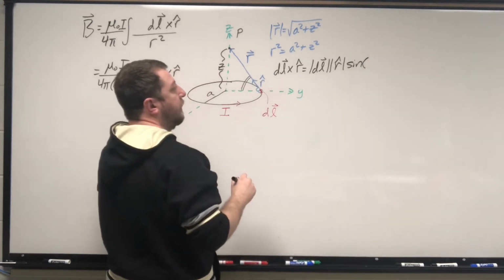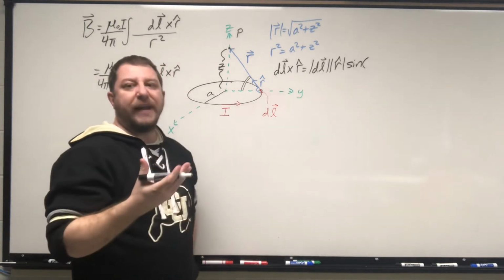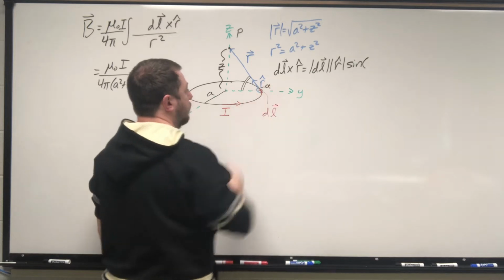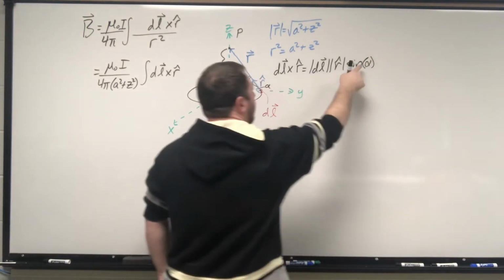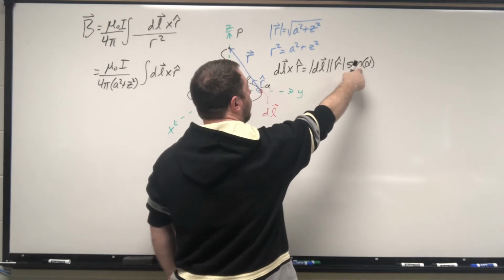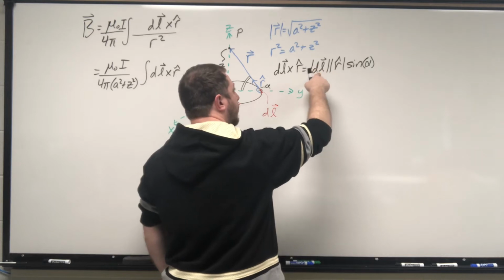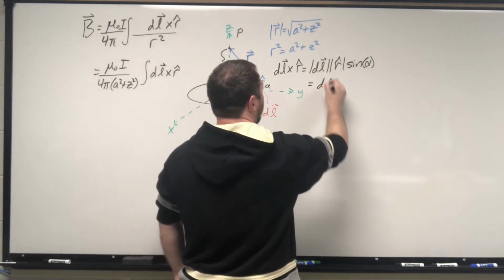I don't want to use theta here because we might use theta for something else. I'll use alpha. Okay, so we'll label this right angle right here as alpha. And if I do that, then the sine of alpha is 1, the unit vector's magnitude is 1, and so this just becomes the magnitude of the dl vector, and that's just dl.